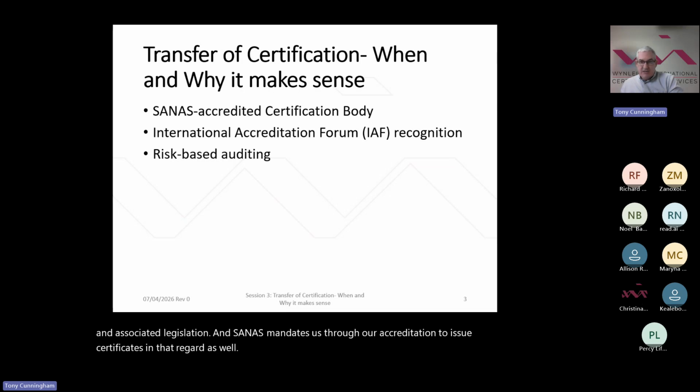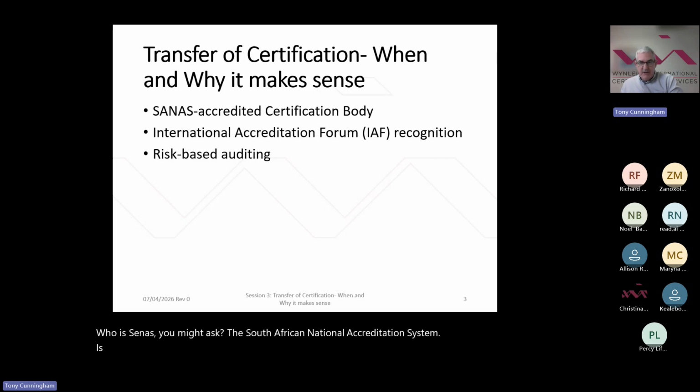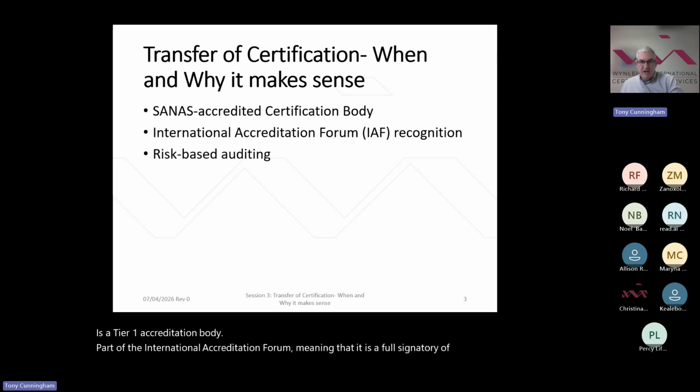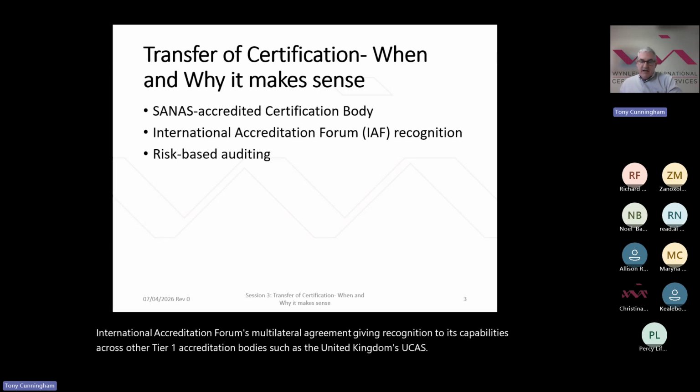Who is SANAS, you might ask? The South African National Accreditation System is a Tier 1 accreditation body, part of the International Accreditation Forum, meaning that it is a full signatory of the International Accreditation Forum's multilateral agreement, giving recognition to its capabilities across other Tier 1 accreditation bodies, such as the United Kingdom's UKAS, the German DAkkS, and various others.